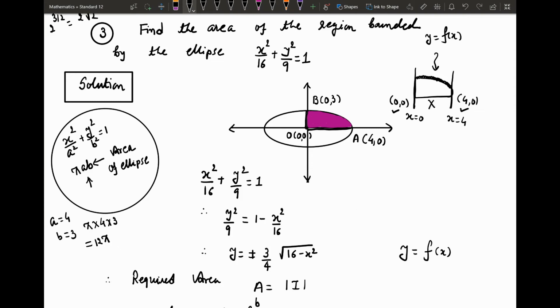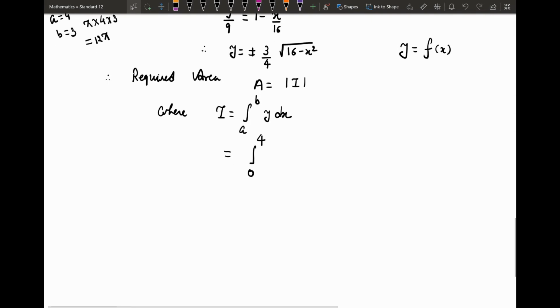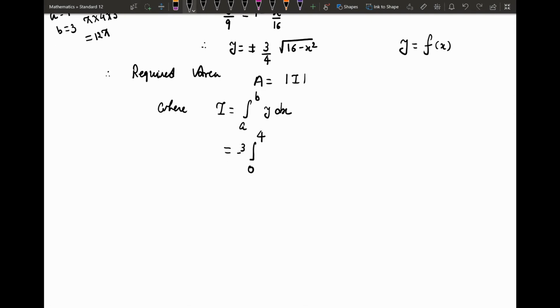If it is bounded by y axis, then you have to use limit c to d. Here we have to use a to b, so 0 to 4, y dx, y as a function of x, so this is 3 by 4 under root 16 minus x square dx.